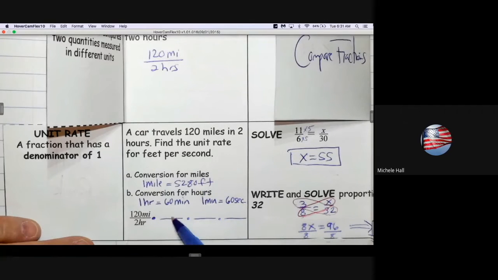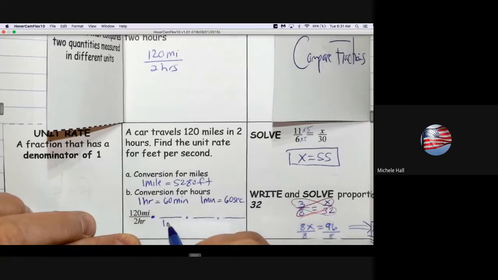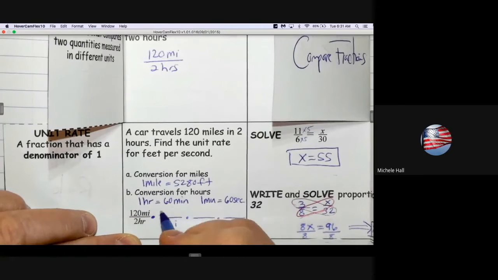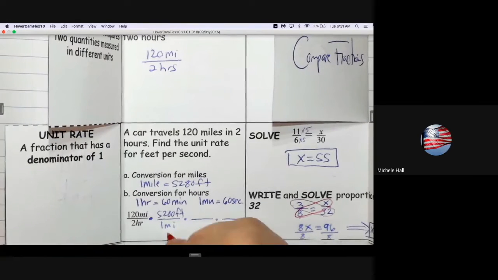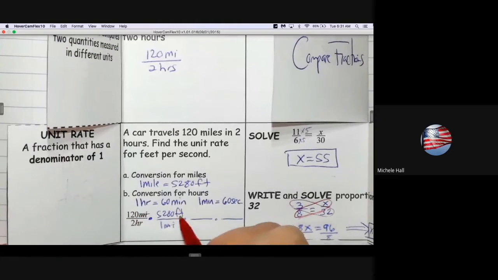So where would I put miles, in the numerator or denominator, to get miles to cancel? Miles is in the numerator, therefore I'm going to put 1 mile in the denominator and then 5,280 feet in the numerator. That gets my miles to cancel, leaving feet, which is good.